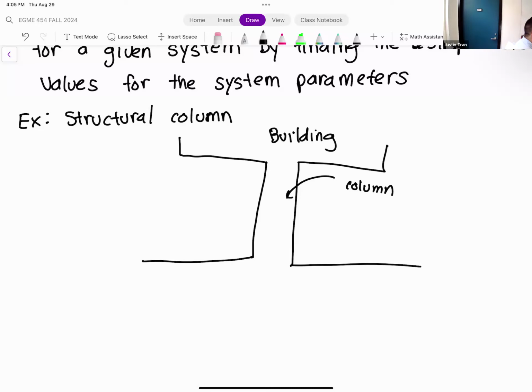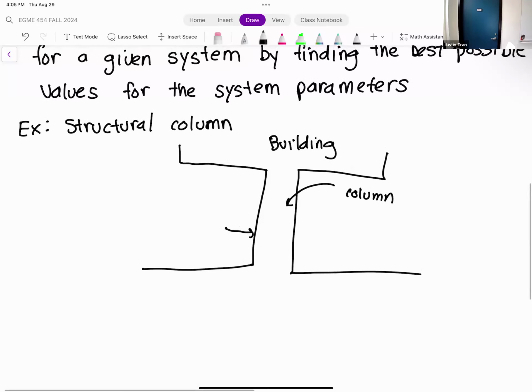Okay, so let's consider just a very, very simple kind of a design problem here where we need to determine the width or the thickness of this column. Thickness is defined by that distance from one end of the column to the next. Just for simplicity's sake, we'll say that this is a cylindrical column, so the thickness will be defined as the diameter of that column.